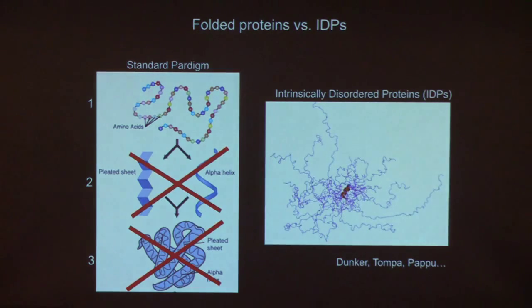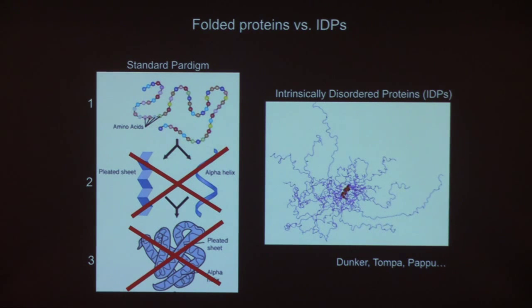But this doesn't always work out, right? Some proteins are conformationally heterogeneous. You can think about shallow free energy landscapes where you don't go into a single well-defined conformation, but rather there's a whole host of conformations, and this is typically referred to as intrinsically disordered proteins.